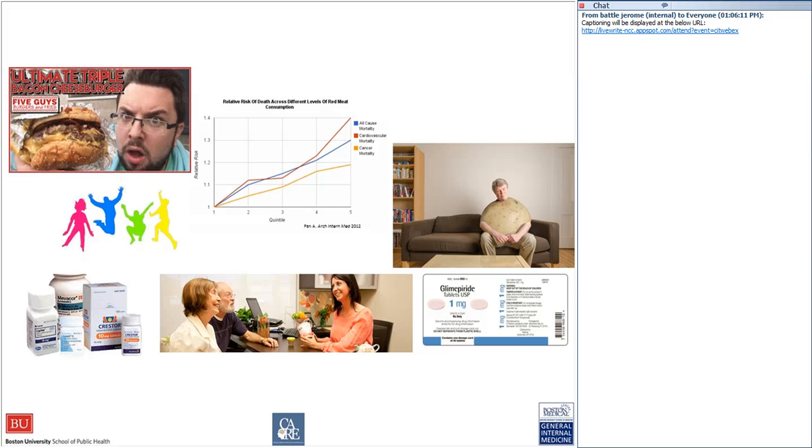Now, there are other risk factors and diseases out there, and how we handle them is different. We understand that nutrition, that eating, let's say, meat or saturated fats or not doing physical activity is a risk factor for some other diseases.